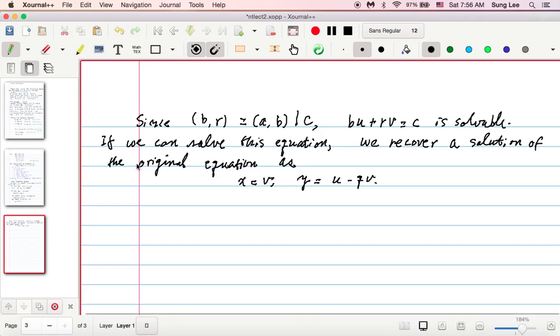Now for this equation, BU plus RV equals C, again we can consider two different cases.